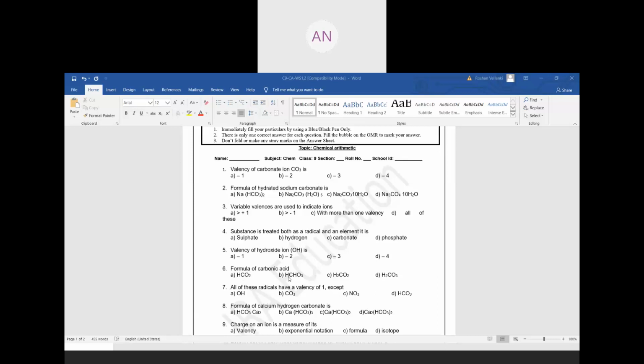Sixth one, the formula of carbonic acid. Correct. H2CO3 is carbonic acid. Next, seventh question.